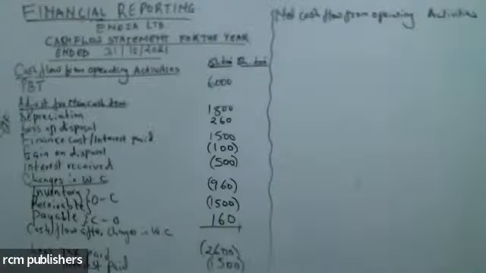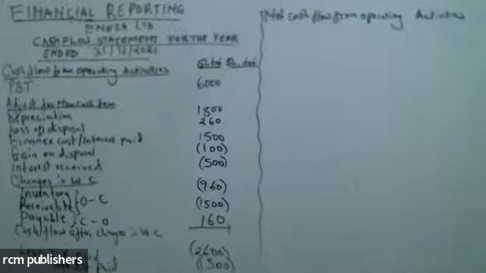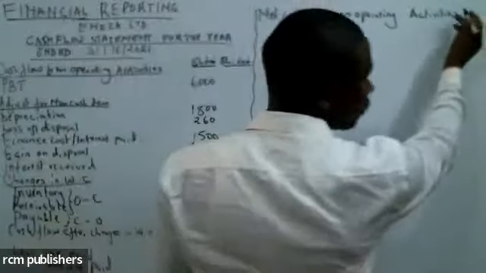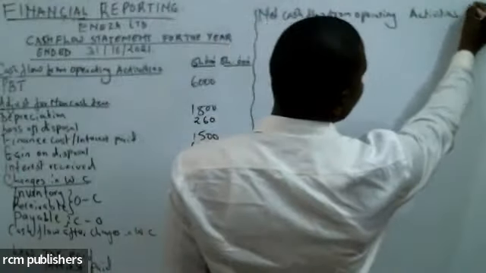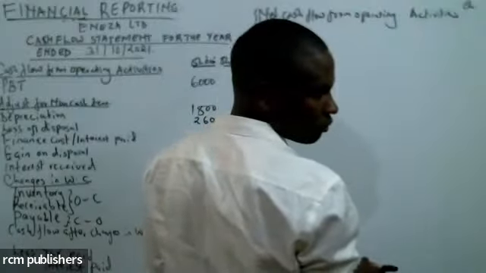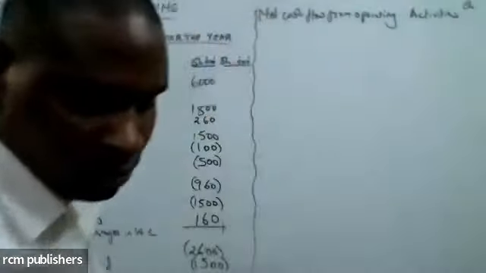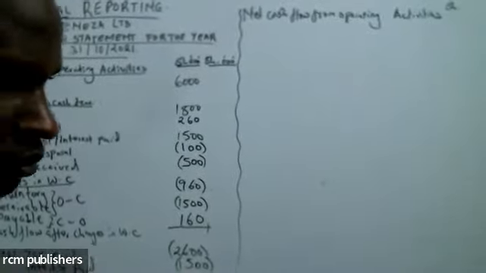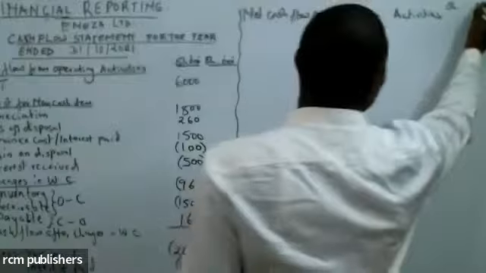And net cash flow from operating activity, we are having 2650 shillings.